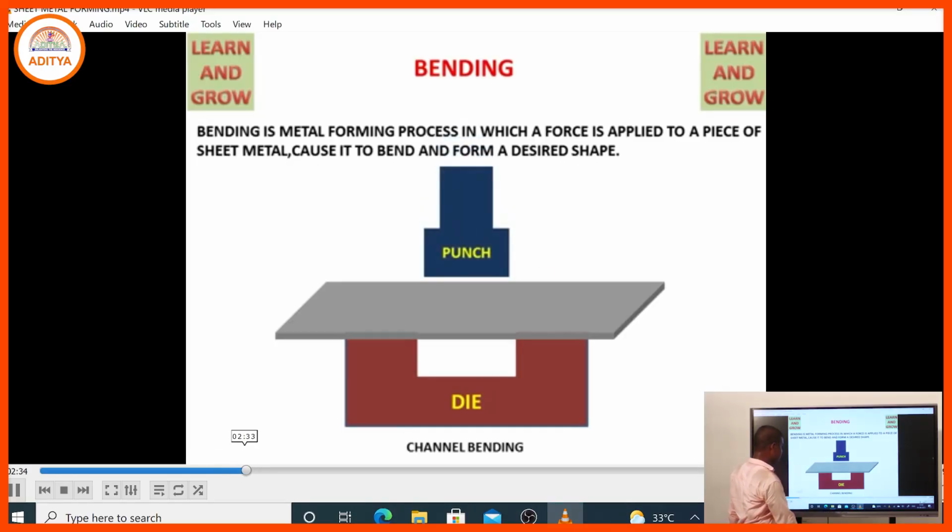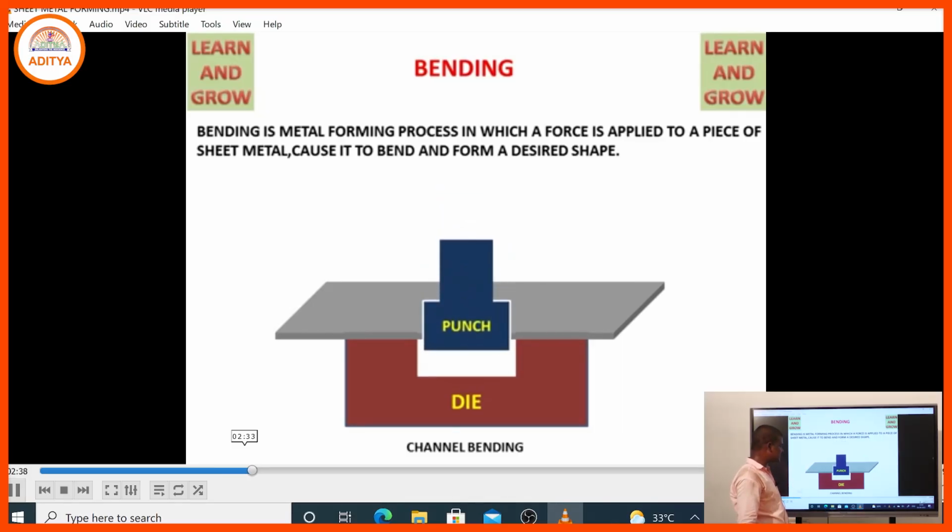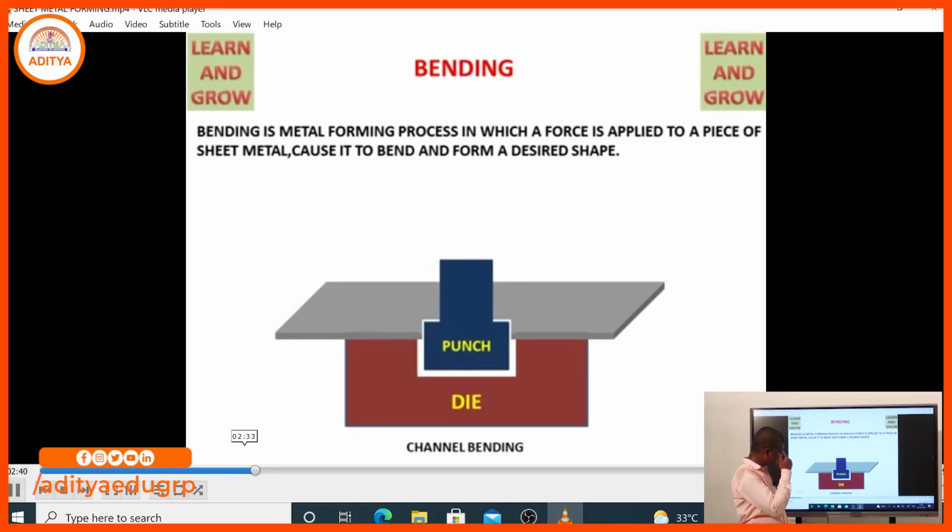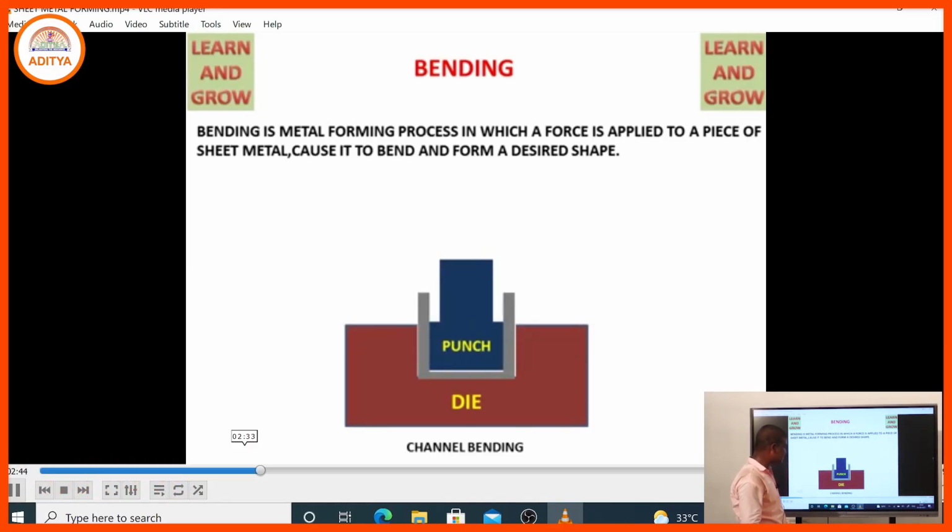That is the punch, and that is the sheet, and on that sheet the particular shape will be formed. That type of shape will be formed in the thin sheet.